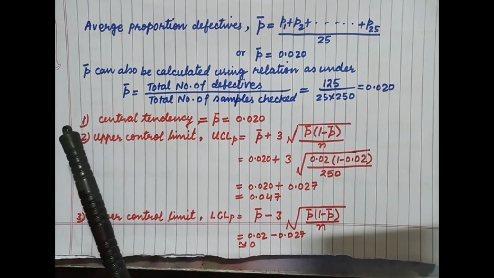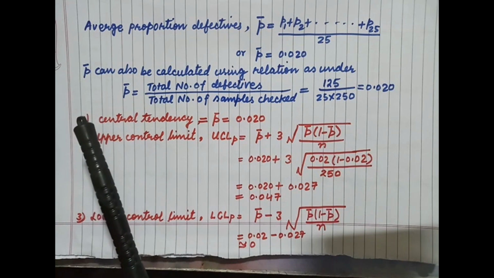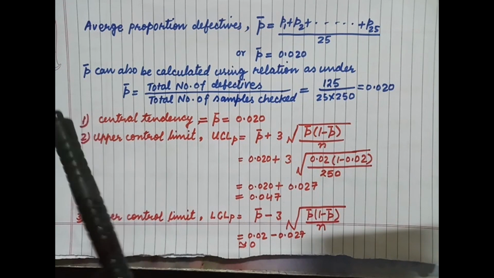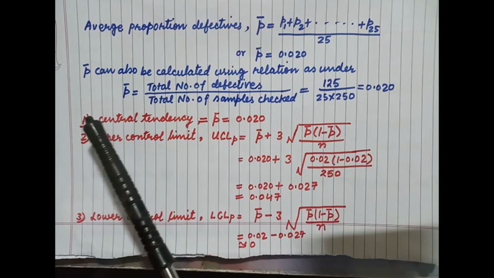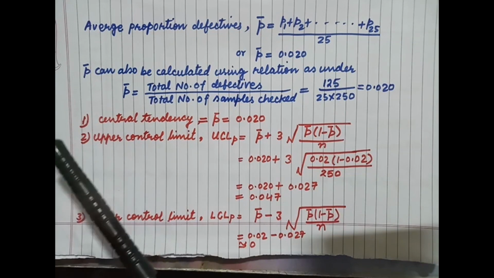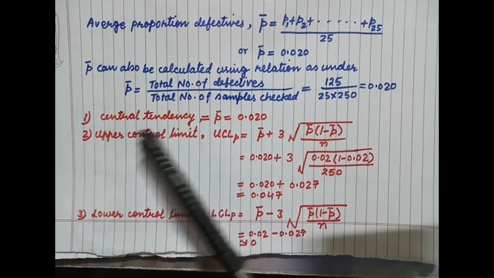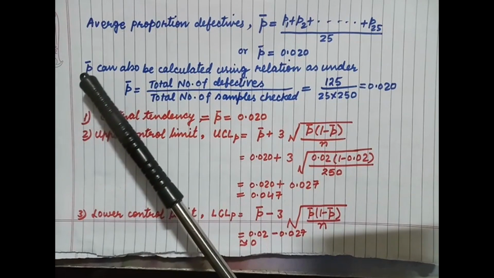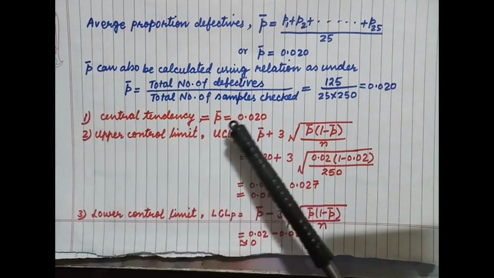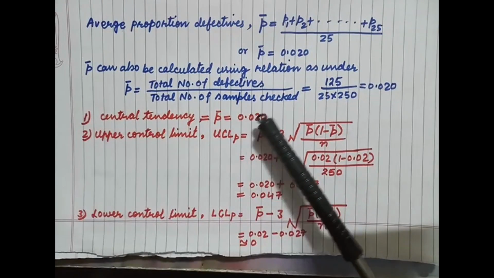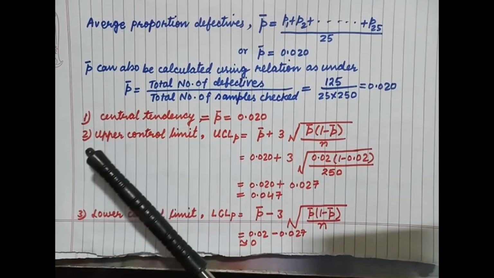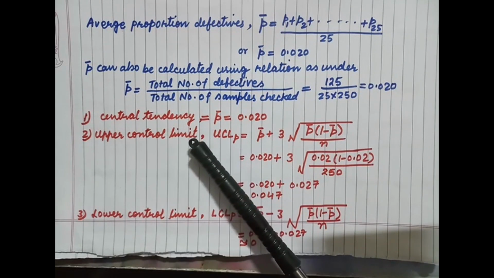So this is also the central tendency. We have to draw a P chart having the central tendency, upper control limit and lower control limit. The central tendency is the average value, P bar, which is 0.020. Next, the upper control limit.